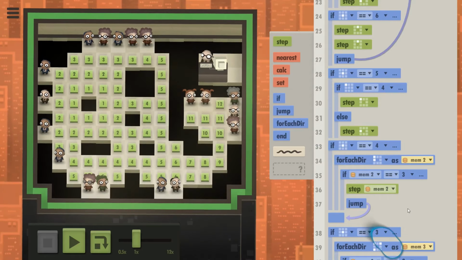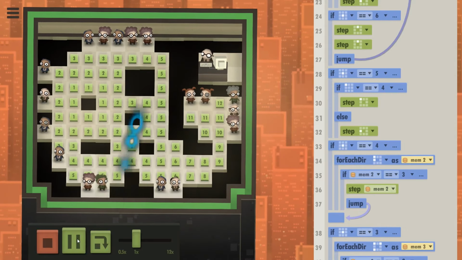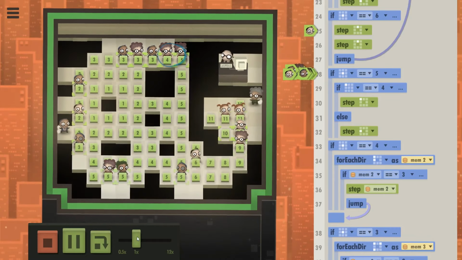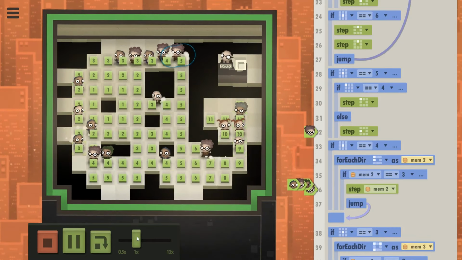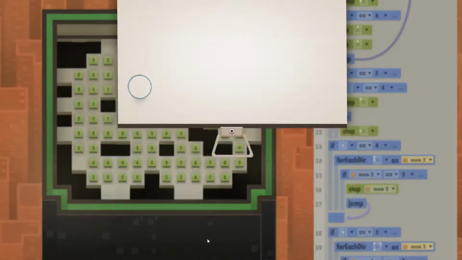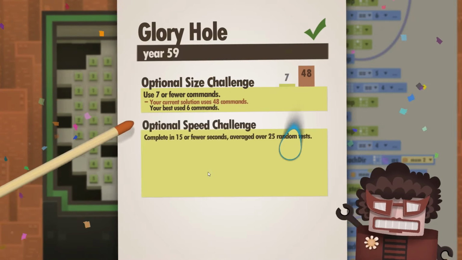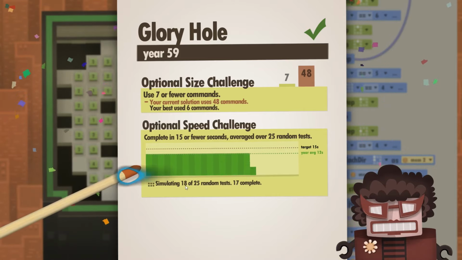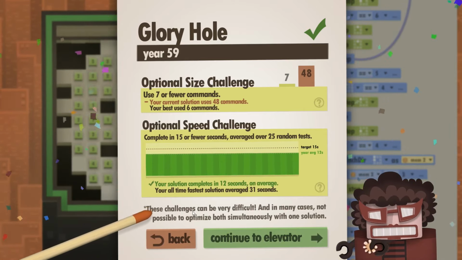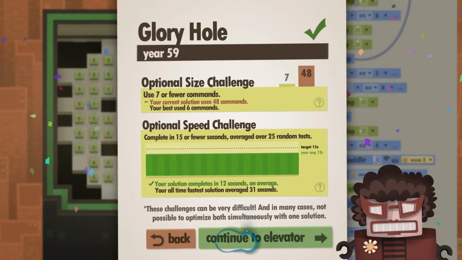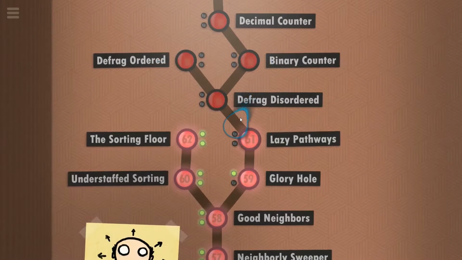This solves the problem. Yes, that solves the problem. The question is, is it fast enough? Yes, it is. Okay, problem solved. 48 instructions later.